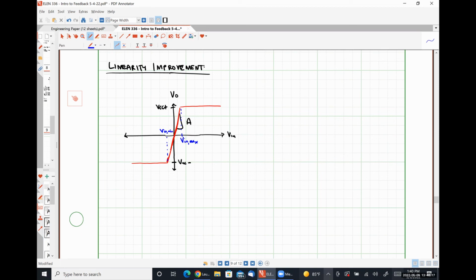The linear range over which this amplifier circuit is able to actually amplify a signal is very small, right?